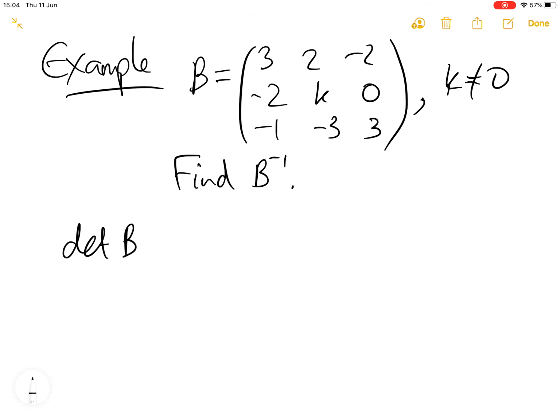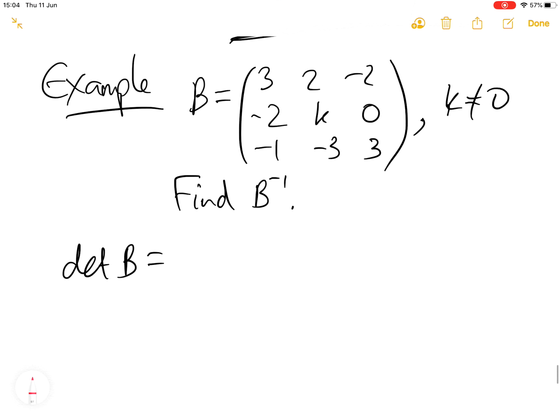Okay, so same steps as before. Determinant of B. Good to pick a row or column that has 0. So again, we could pick the second row or the third column. So let's pick the second row again. If you think about the plus minus plus again, we've got a minus going with the -2.